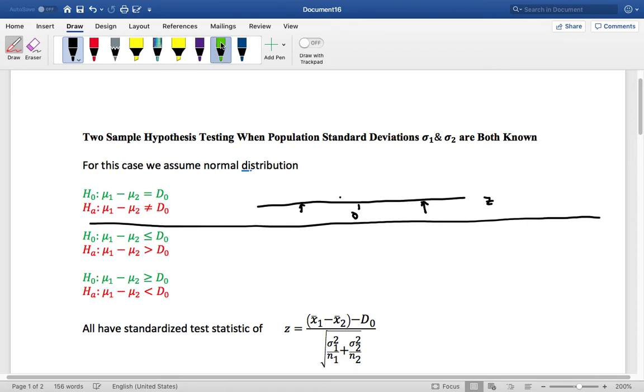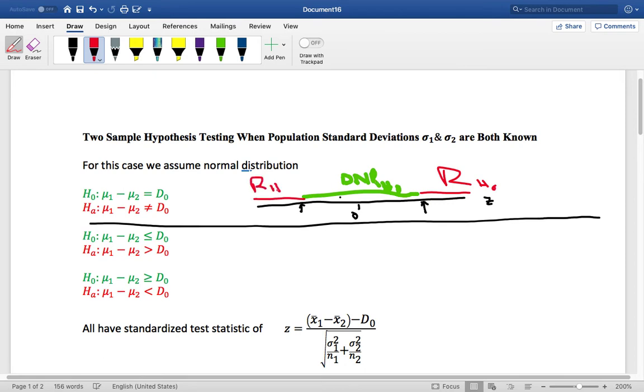So we're going to get our do not reject zone along the middle in here. So this is do not reject H0. And then over here we're going to have reject H0, and over here we're going to have reject H0 as well.